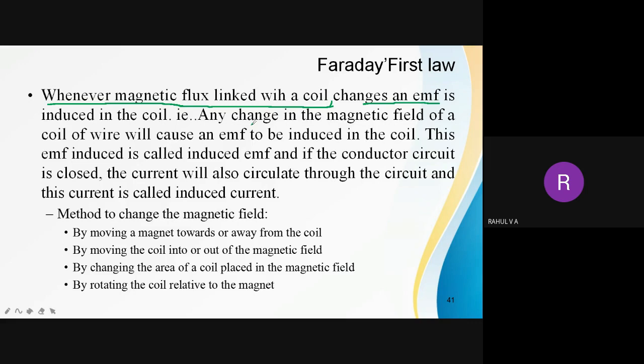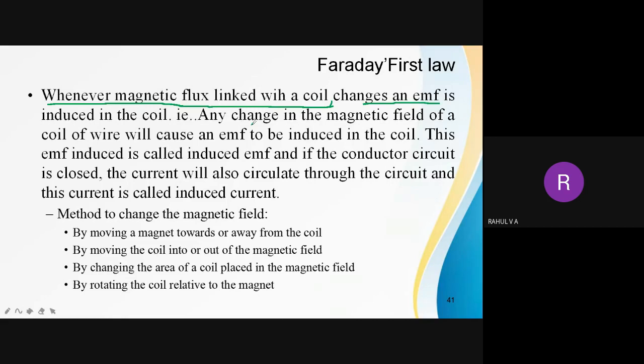If this linkage between field and coil changes, an EMF will be induced in the coil. So whenever there is a change in flux linkages, EMF will be induced in the coil.